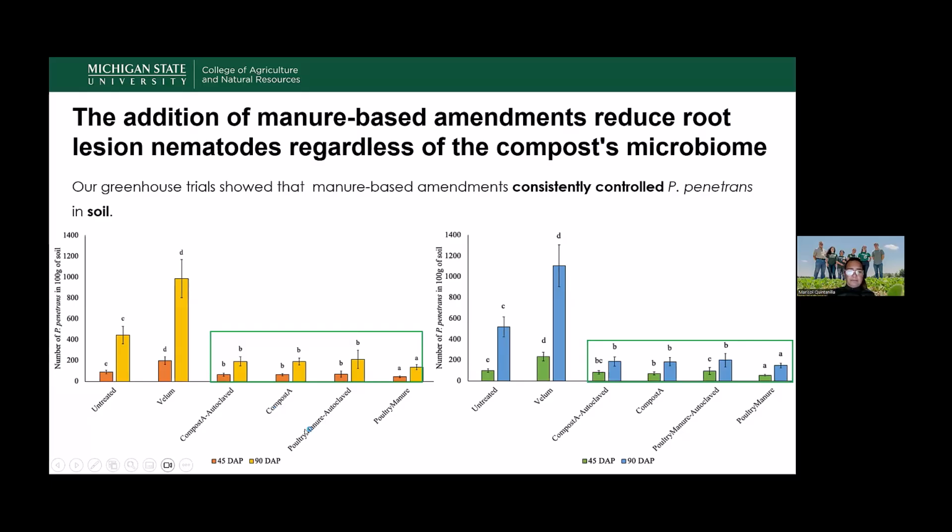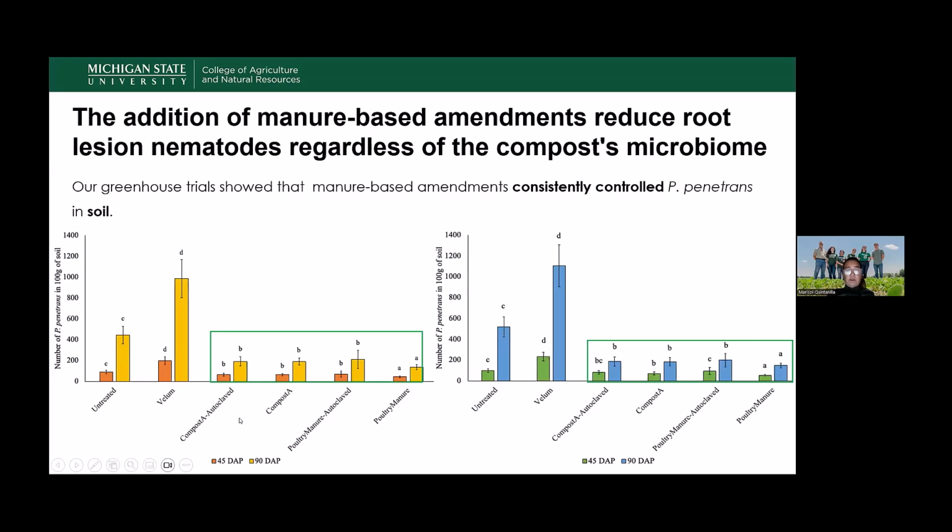So you can see that compared to vellum and untreated, all the composted manures reduce root lesion nematode significantly compared to untreated or the chemical control.